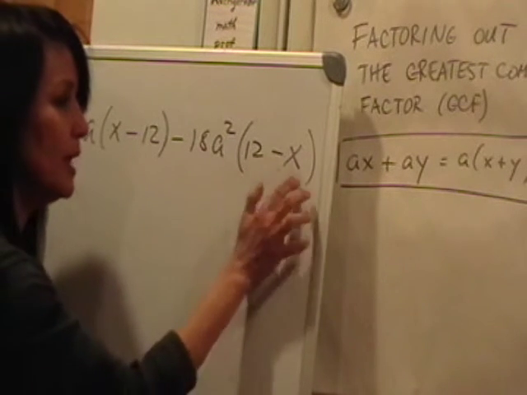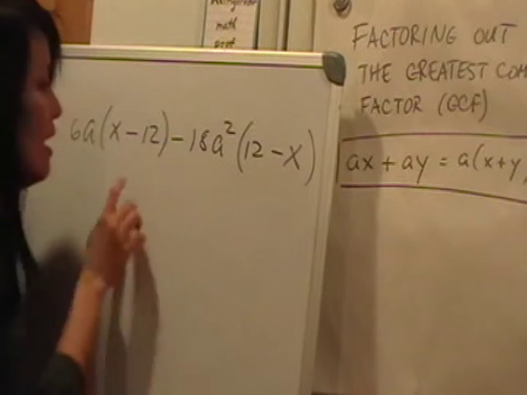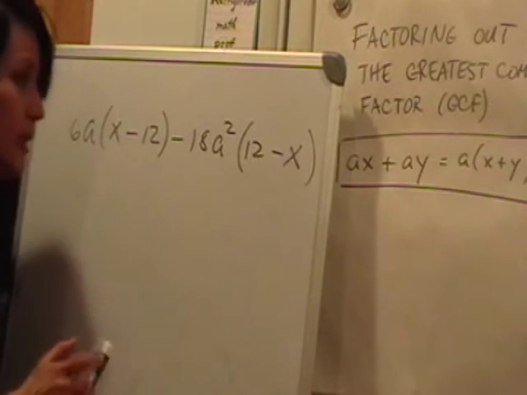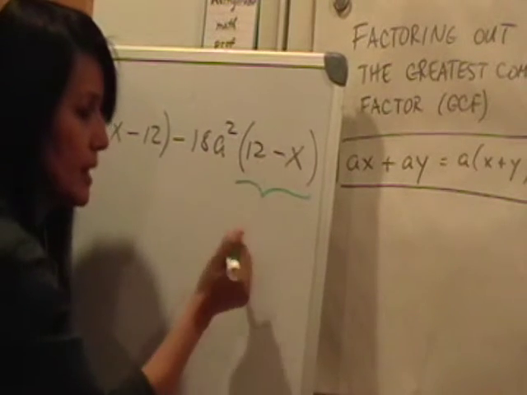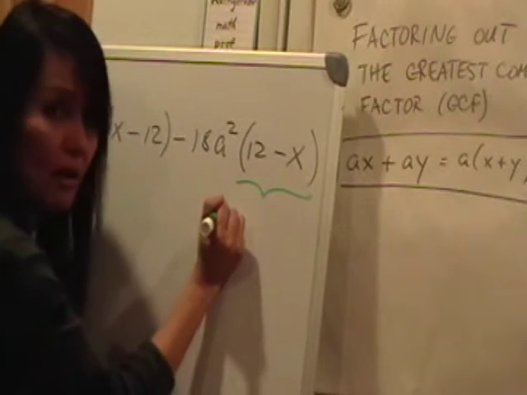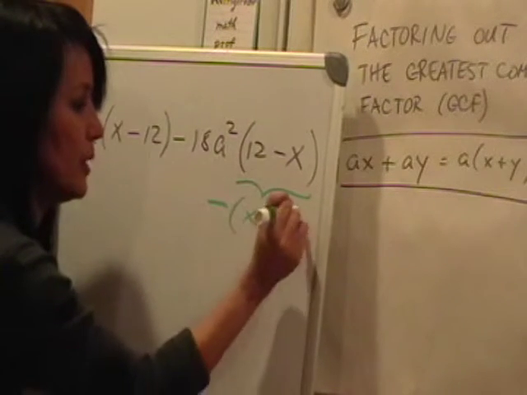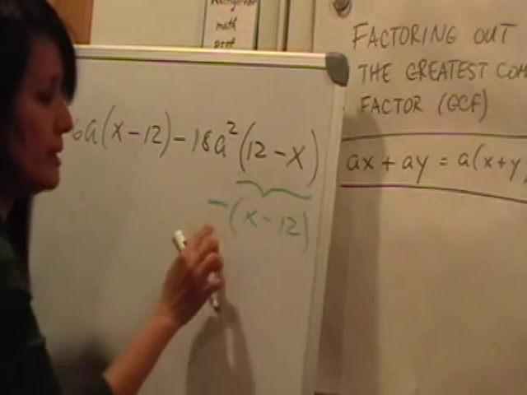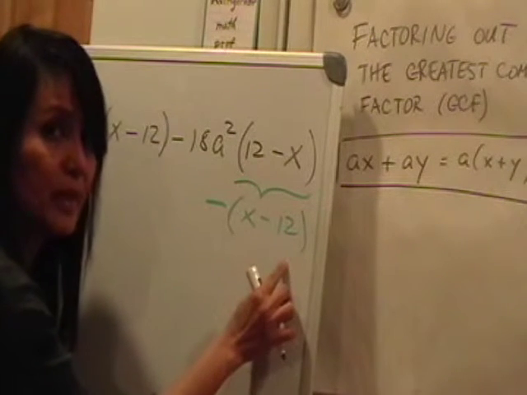So if you have 12 minus x, you note that 12 minus x is the opposite of x minus 12, okay? So how do you translate that? Opposite is minus of x minus 12, okay? So 12 minus x is the opposite of x minus 12, or it's negative the quantity x minus 12.